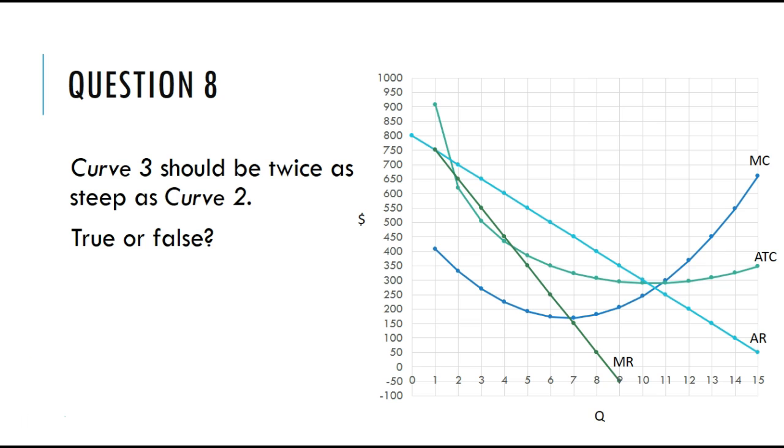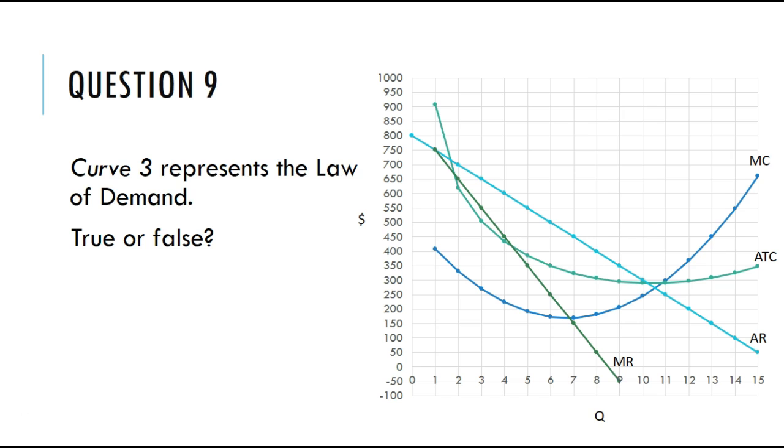The other is by calculus, but we don't really have time or space for that, so we're just going to have to take it on faith. It's in the textbook anyway, so you can figure out the answer that way. Maybe I'll make another video showing how by calculus you can show that the marginal revenue curve has twice the slope of the average revenue curve. But for now, it's true.